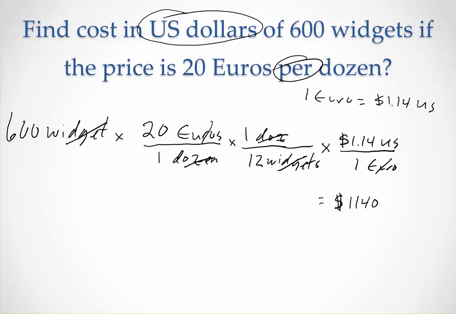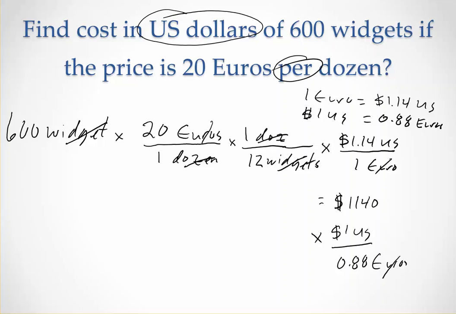Now I also looked for 1 US dollar and how many euros that was, and that was 0.88. So at this point, we could just multiply by $1 US per 0.88 euros.